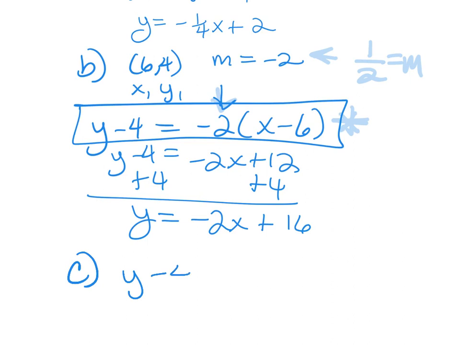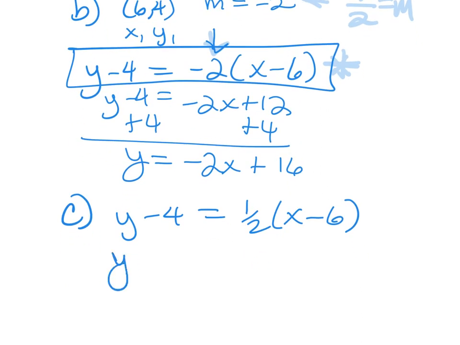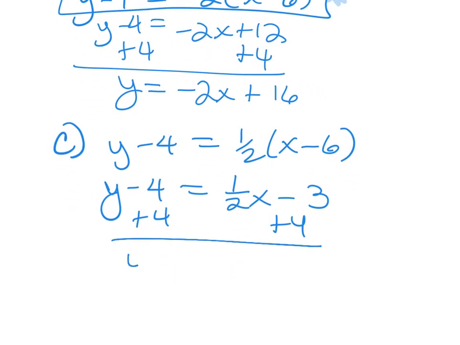So y minus 4 equals 1/2 times x minus 6. Going to distribute. Half of -6 is -3. I'm going to add the 4. And y equals 1/2 x plus 1.